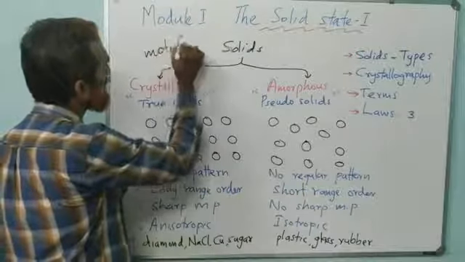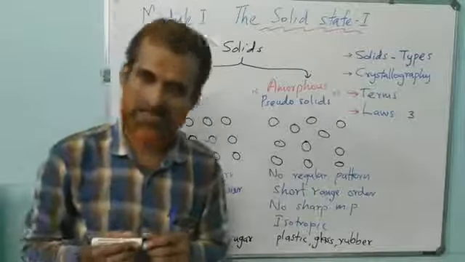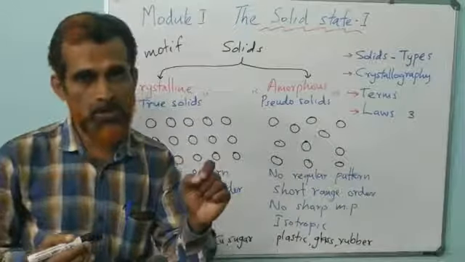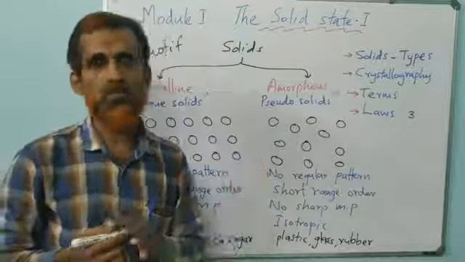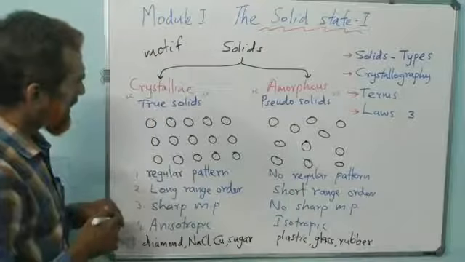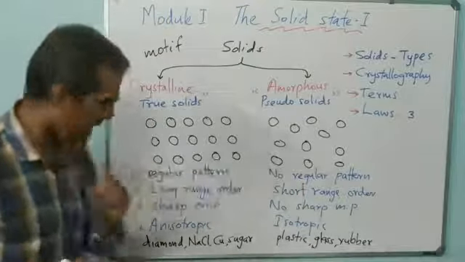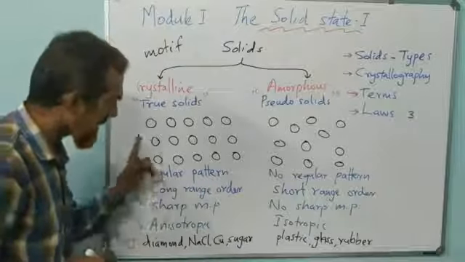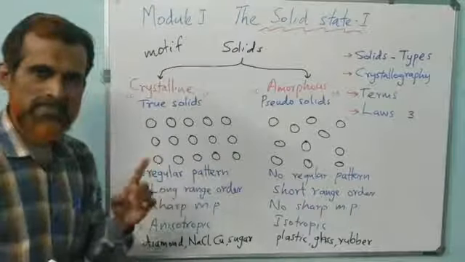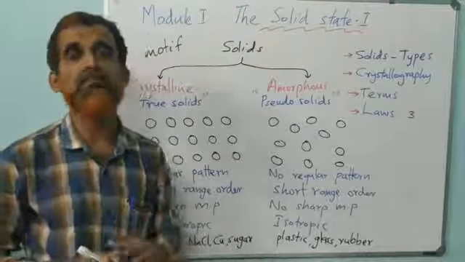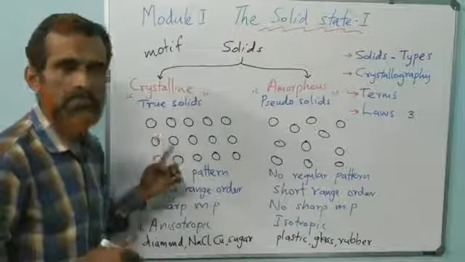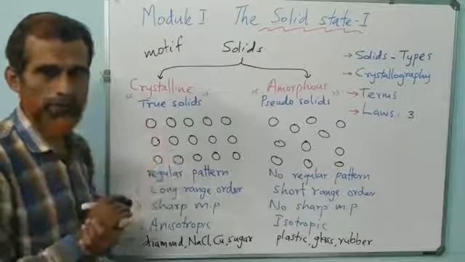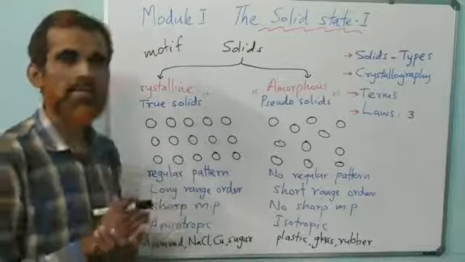Motifs are the structural units, which can be atoms, ions, molecules, etc. What are the differences? Number 1, there is a regular pattern. There is a perfect order of arrangement of particles in crystalline solids. Complete order is there, which repeat over the entire space.